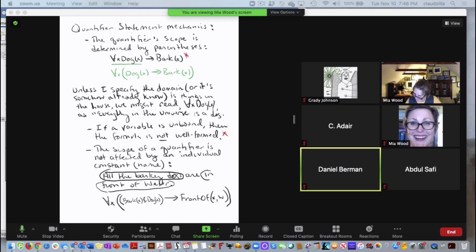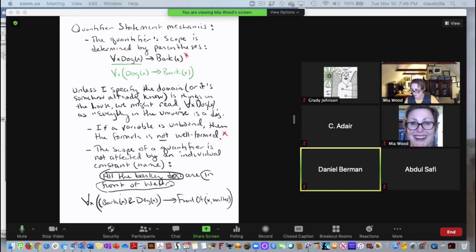Now let me once again back out of here because my writing is almost entirely illegible. All right, so we've got the following: for every x, if x barks and is a dog, then x is in front of Walter.